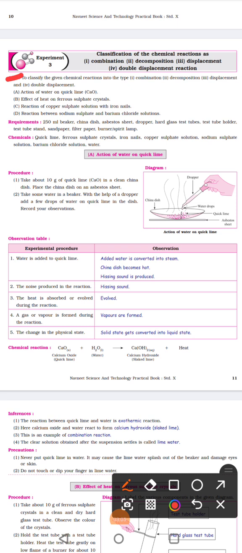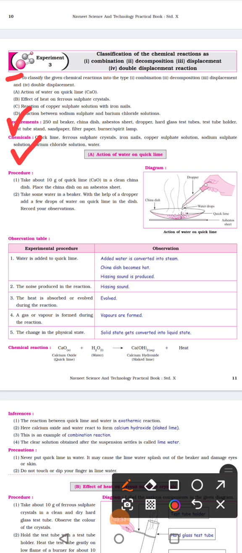Writing the requirements is compulsory. Then write the names of chemicals as per your test. Suppose in front of you have only quicklime and water, ferrous sulfate crystal and iron nails, you will write only these names. If you have the chemical, you write it. If you don't have the chemical in front of you, then do not write it.